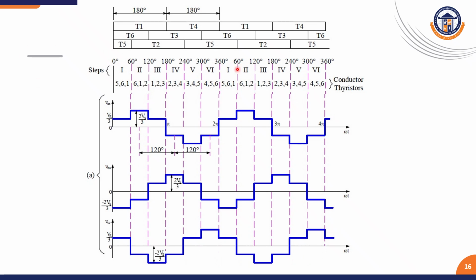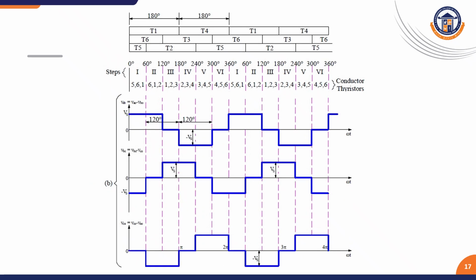You can see the conduction of thyristors for one cycle, and we can observe the waveforms. This is the magnitude of the waveforms which we calculated earlier for each and every step. You can see these waveforms, the line voltage and phase voltage waveforms.